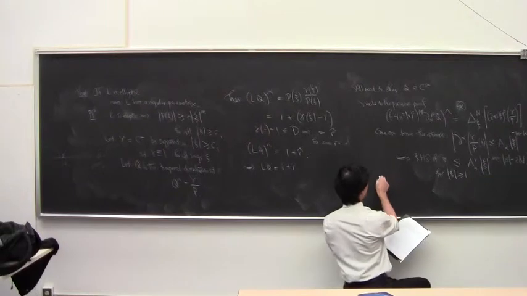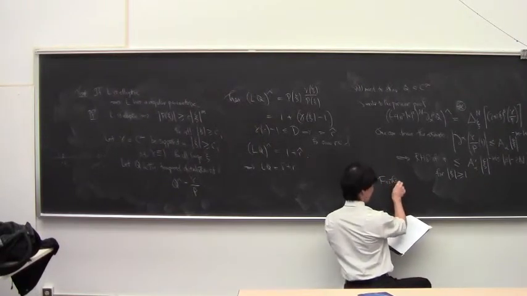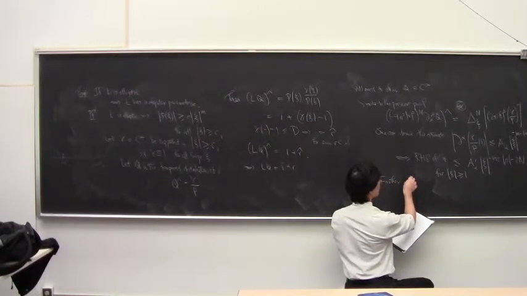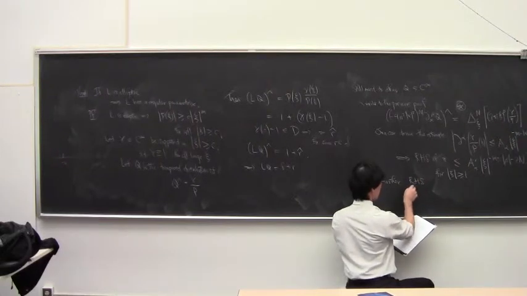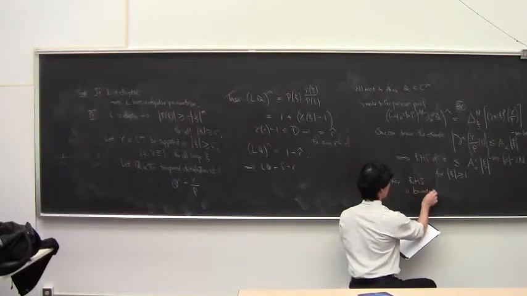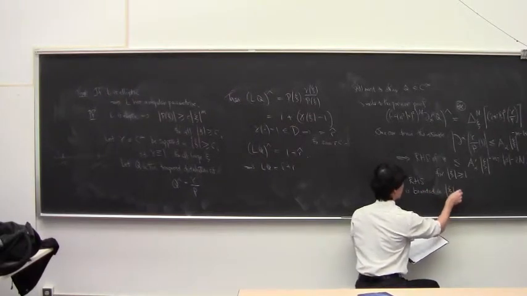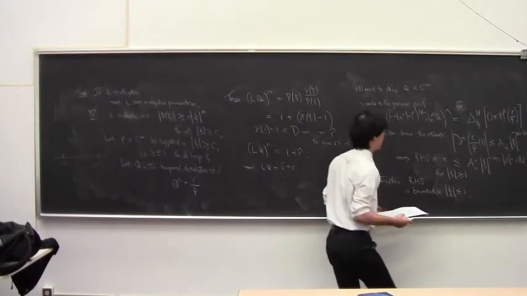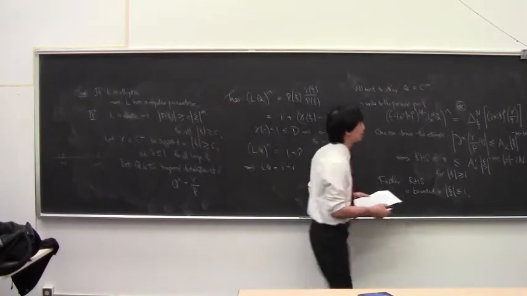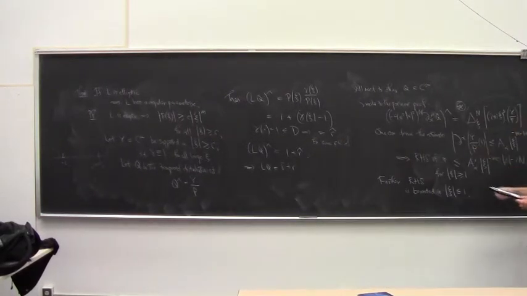We note further that the right-hand side is bounded in C less than 1. Why does this happen? Why is it bounded?